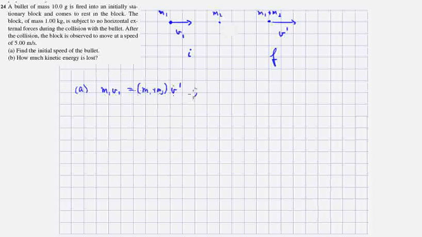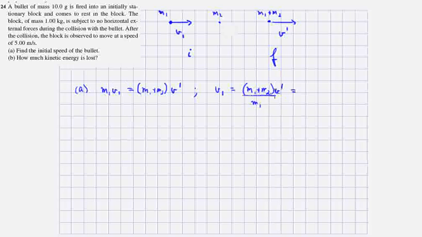One can then solve this equation for v1, the initial velocity of the bullet. So v1 is equal to (m1 plus m2) v prime divided by m1.